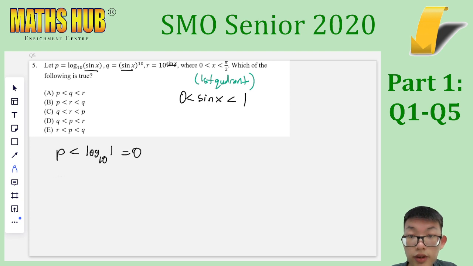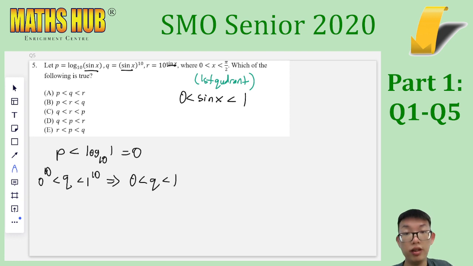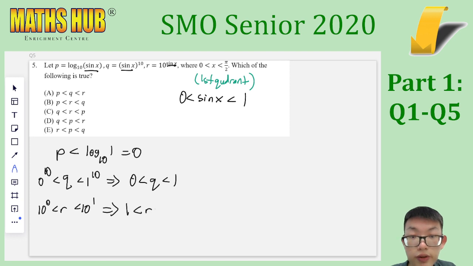Q is somewhere between 0 to the power of 10 and 1 to the power of 10, so that means that q is somewhere between 0 and 1, depending on the exact value of sine x. Finally, r, which is 10 to the power of sine x, is between 10 to the power of 0 and 10 to the power of 1, which means that r is between 1 and 10.